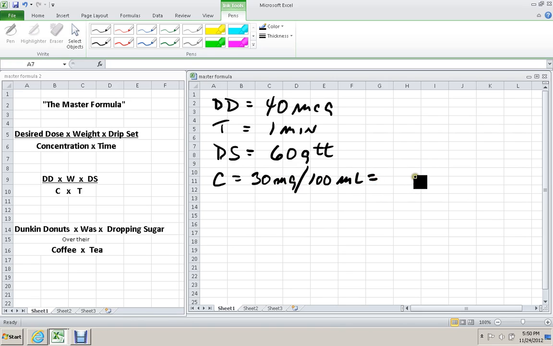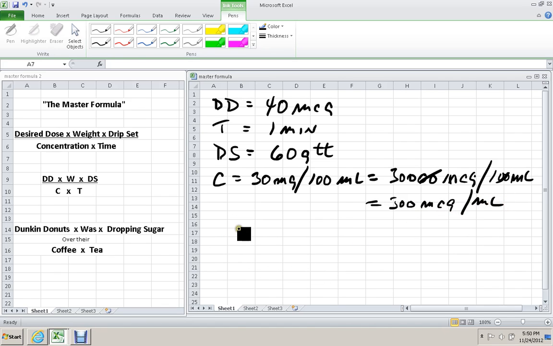That's equal to 30,000 micrograms per 100 mLs, which, let's see, take off 2 zeros, that works out to 300 micrograms per ml.